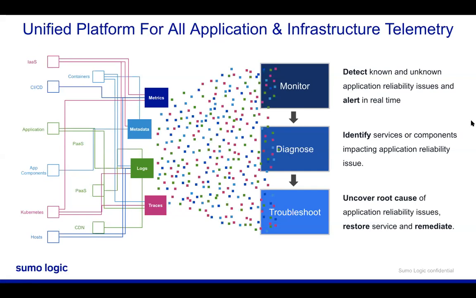We also help you diagnose what issues are impacting those services and applications. So we're going to actually dive into a real live demo of diagnosing an issue. And then we also help troubleshoot and find the root cause of an issue and help you restore service and remediate. So that can be also a really critical thing. We're not just a monitoring tool, we're also a troubleshooting and diagnosis tool.